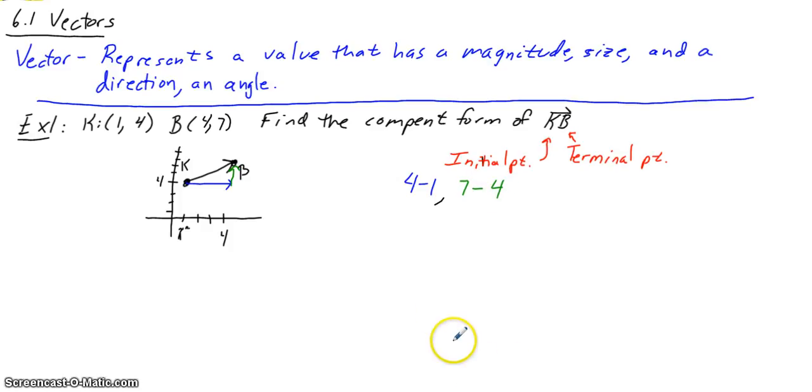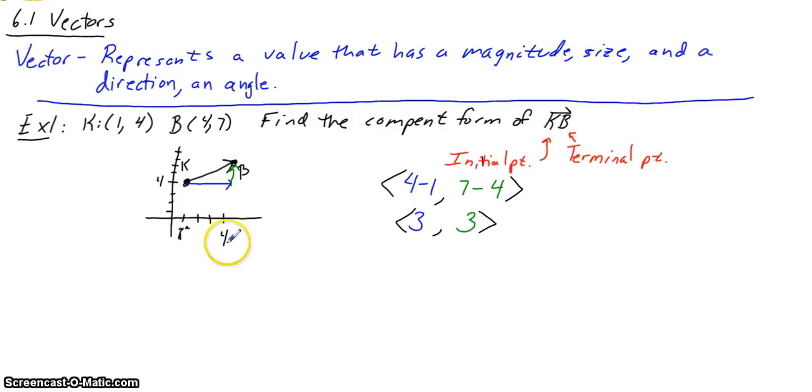So 3, 3. Now, to separate this from an ordered pair, making it look like this, or an interval, we use these triangular type brackets. That tells us it's a vector.